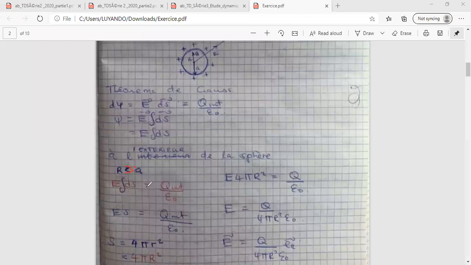If we integrate dS, we're going to have S. So in the exterior, we have E S equals Q interior over epsilon 0. We're still using Gauss's law.